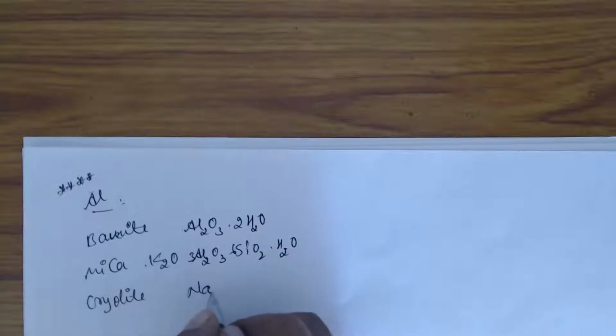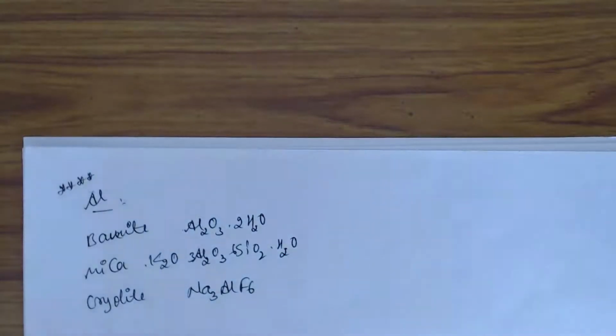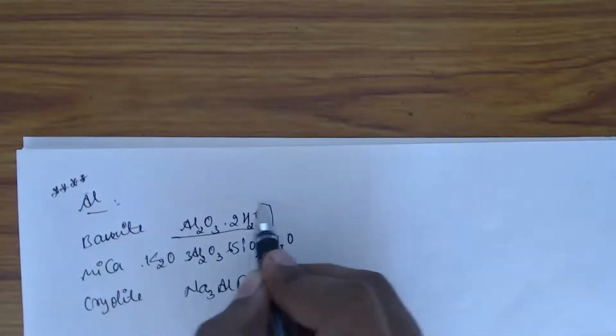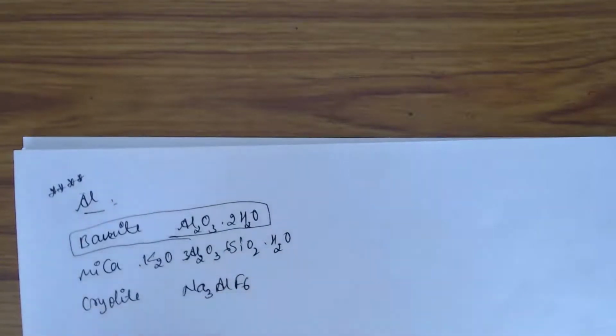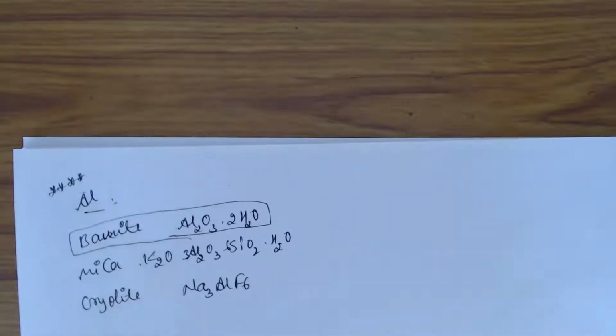Cryolite means Na3AlF6. So these are the ores of aluminium. Bauxite is the chief ore of aluminium, from which we extract aluminium metal.